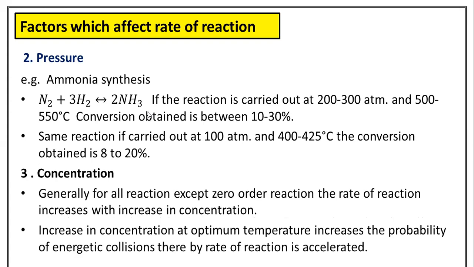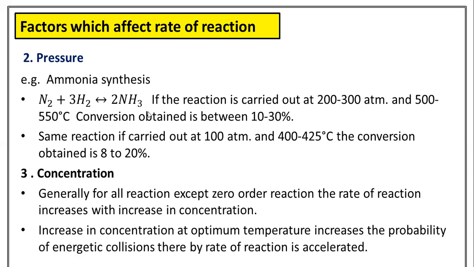So this is ammonia synthesis. I was explaining the meaning of synthesis: when two or more reactants react to form one compound, so nitrogen and hydrogen react to form ammonia. If this reaction is carried out at 200 to 300 atmosphere and 500 to 550 degrees Celsius, the conversion obtained is between 10 to 30%.